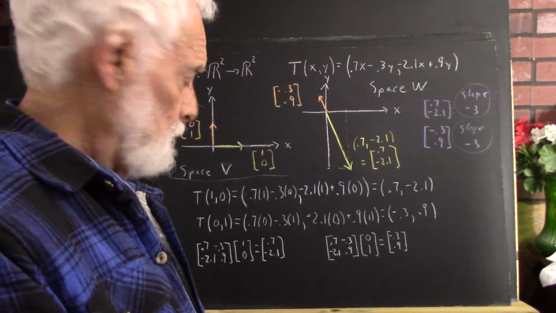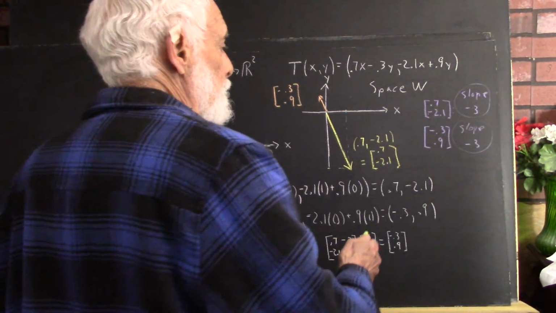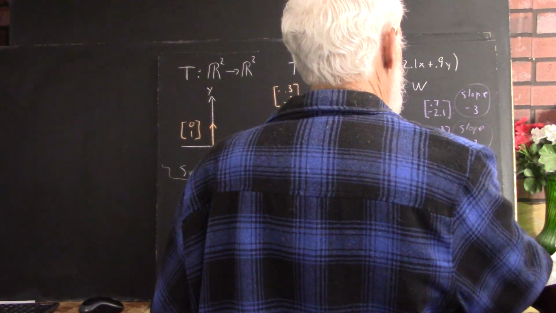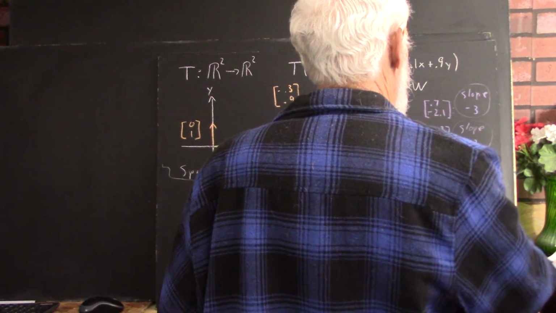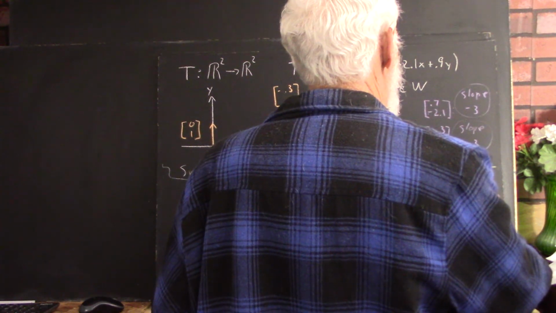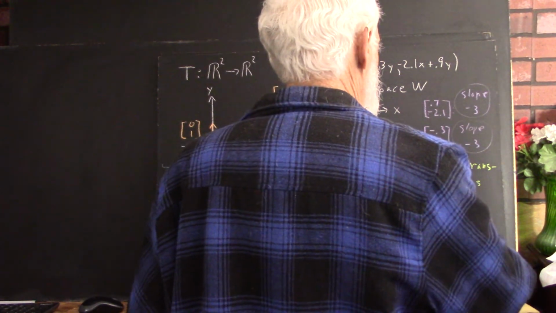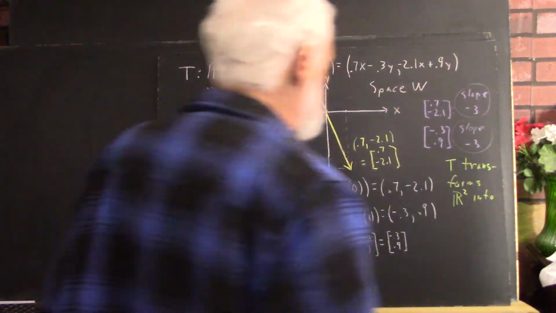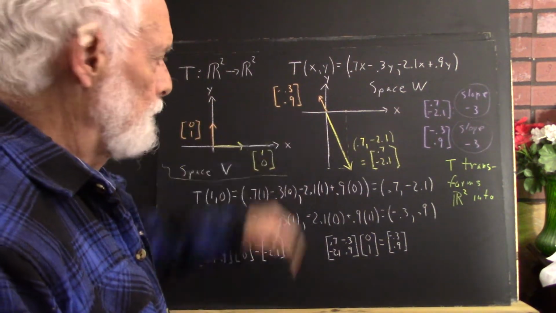Now, I don't have a lot of room to write this, but I'll just comment that I'll say T transforms R2 into a straight line in R2.